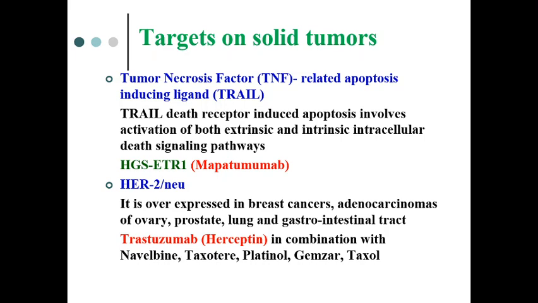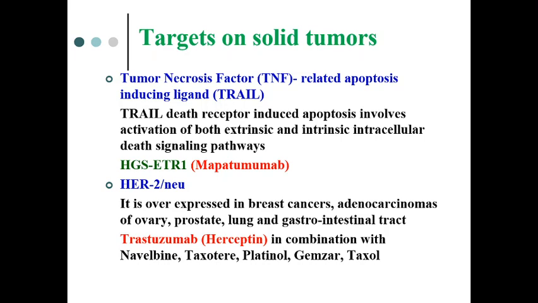Here, the Herceptin acts as a payload carrier of these toxic materials onto the surface of the tumor, provided these tumors express the HER2/neu receptor. There are breast cancers which are HER2 minus. They don't express HER2.